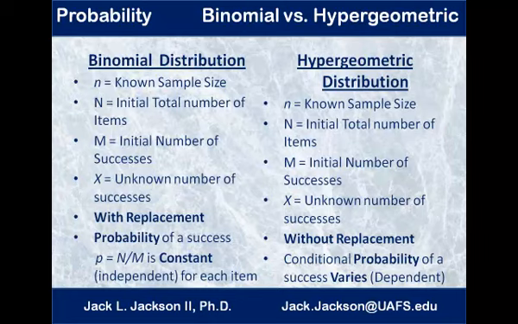And so those are dependent probabilities. So that's really the main difference: a binomial is done with replacement so that the probability of success is the same every time. Hypergeometric is done without replacement, so the conditional probabilities of a success vary from time to time. Otherwise, they're basically set up the same. Okay, that gives us a quick look at hypergeometric.